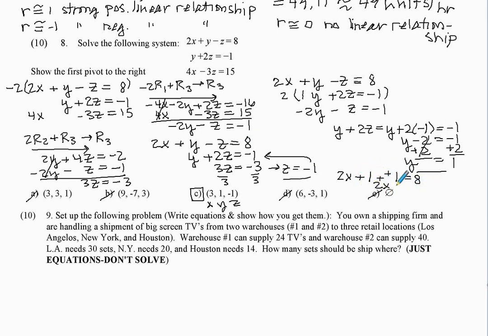So 2x plus 2 equals 8. And then subtract 2 on both sides. These guys cancel. 2x is equal to 8 minus 2, 6. And so divide both sides by 2. And x equals 3. And that's what we've got here, x equals 3. So indeed it is C.